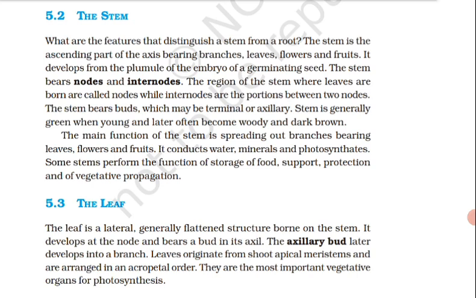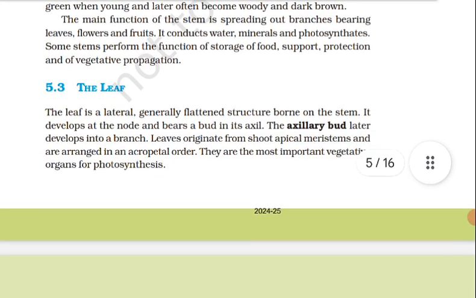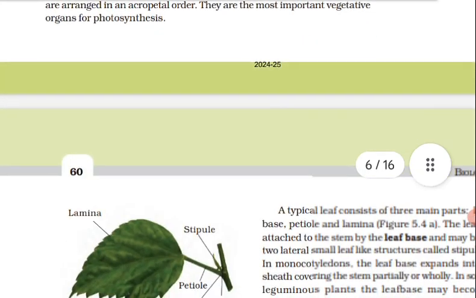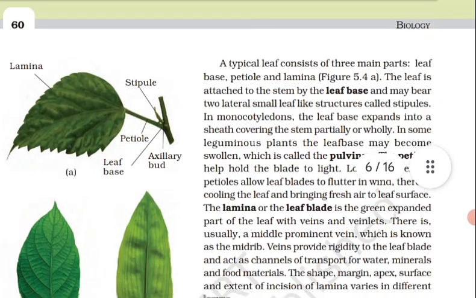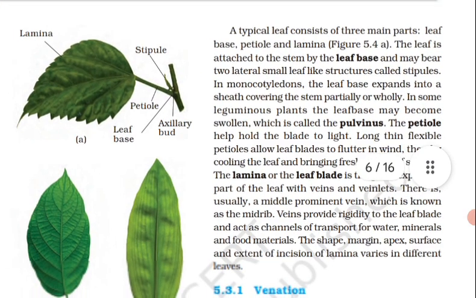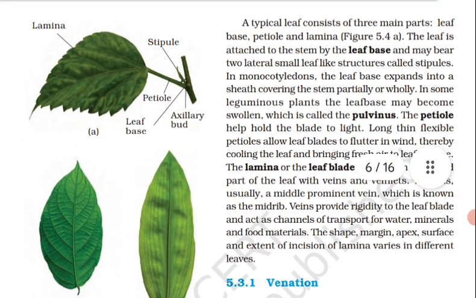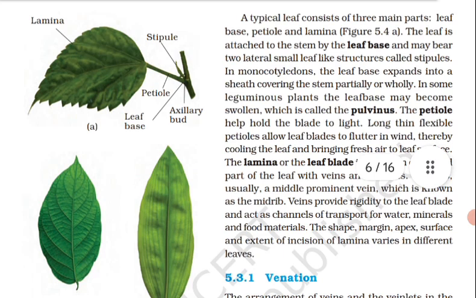In opposite type, a pair of leaves arise at each node and lie opposite to each other, as in Calotropis and guava plant. If more than two leaves arise at a node and form a whorl, it is called whorled, as in Alstonia.